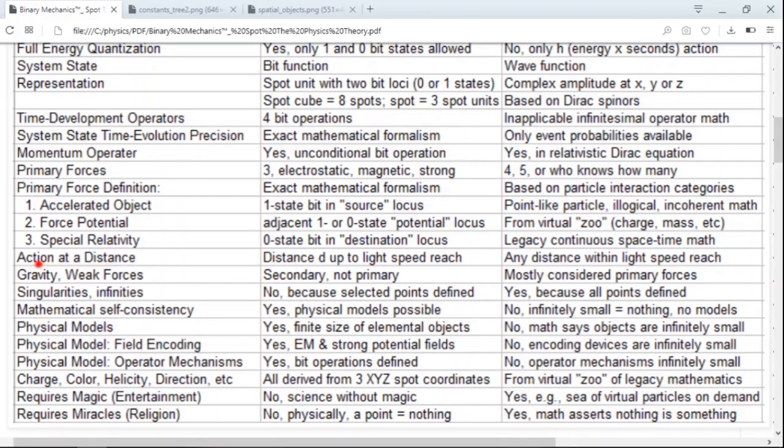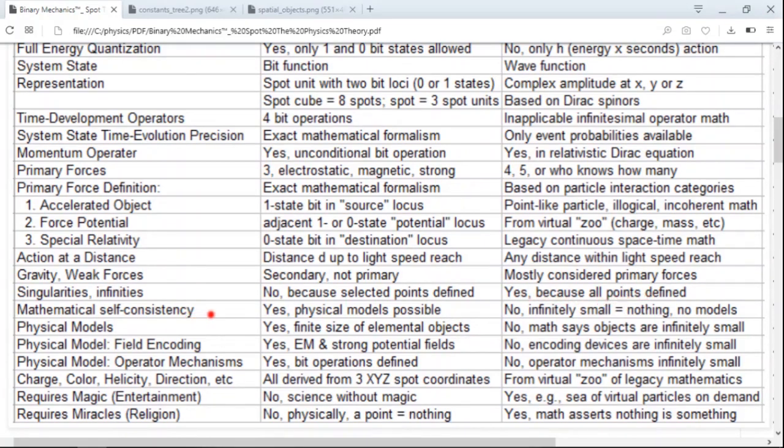So yes, we have in binary mechanics action at a distance, and that distance would be our primary length constant up to light speed reach, whereas in legacy theory, we have any distance within light speed reach. Gravity and weak forces are secondary, not primary, in binary mechanics, but are mostly considered by physicists today as primary forces, both of them. With regard to singularities and infinities, no, because we're only defining selected points. We have singularities and infinities in legacy theory because it attempts to define all points.